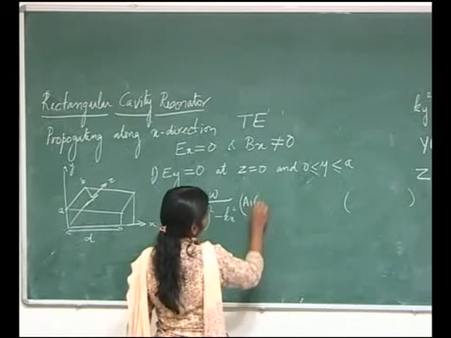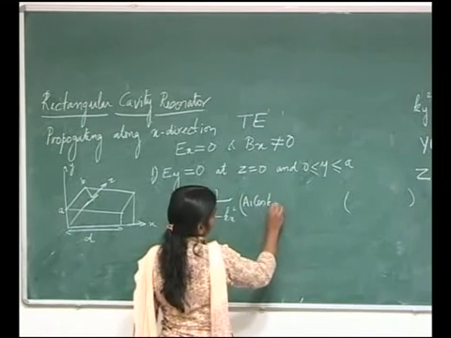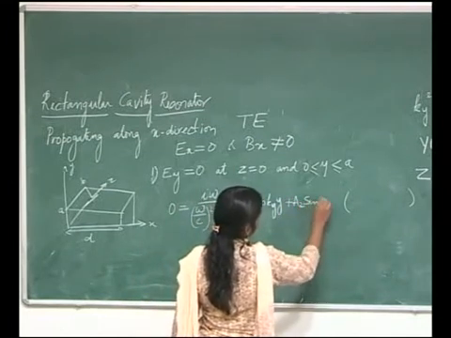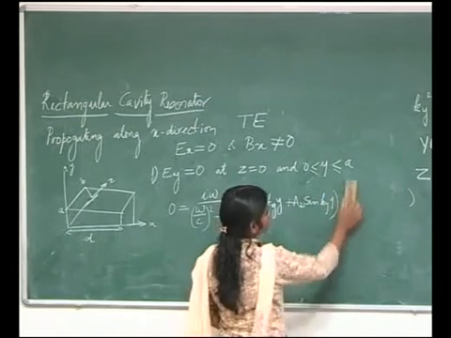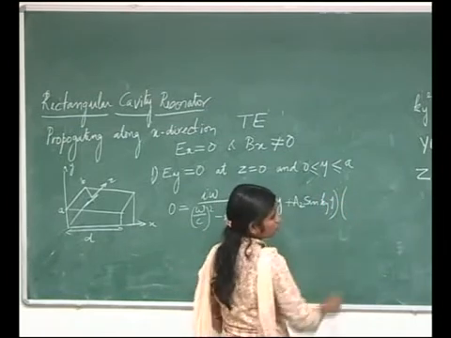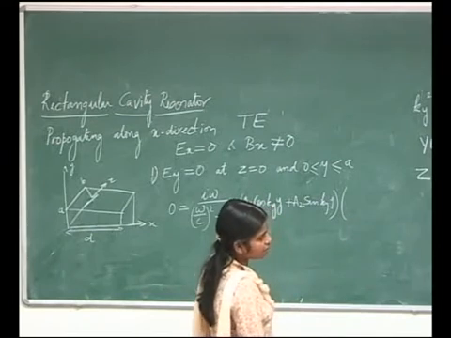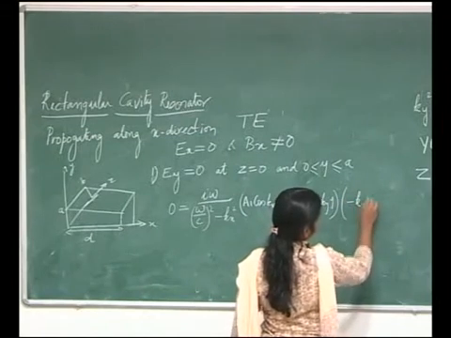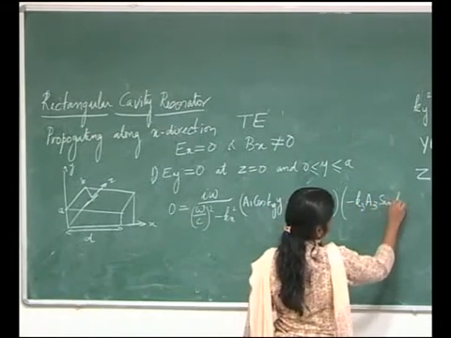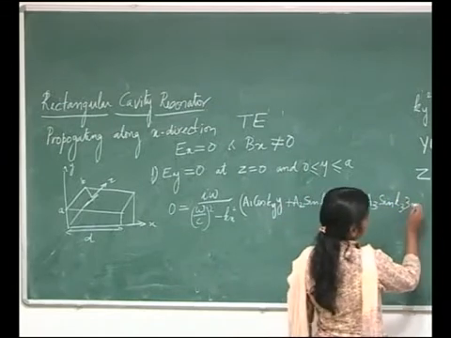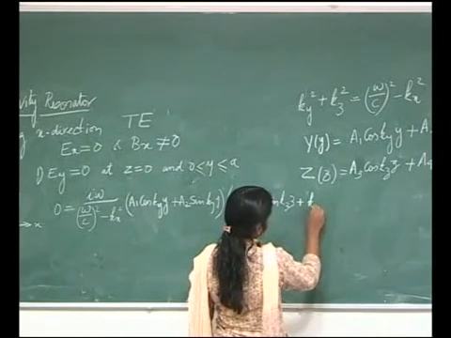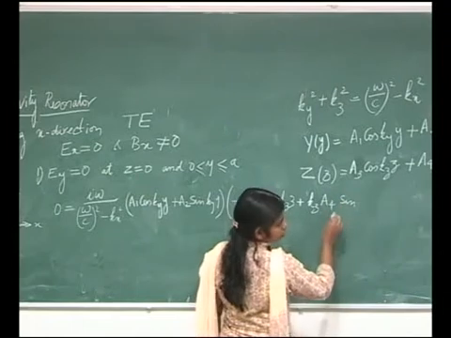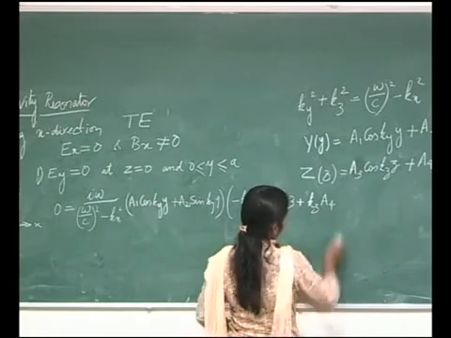I will have a1 cos kyy plus a2 sin kyy, into a3 cos kzz. So I will have minus kz a3 sin kzz, and then I have kz a4 cos kzz.